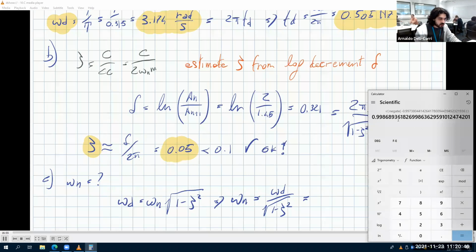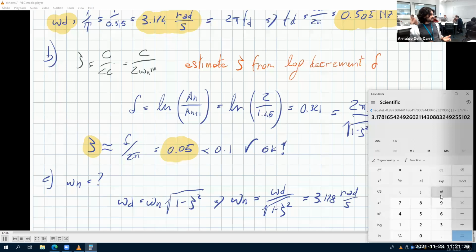So omega d times the inverse of this, so times 3.174, gives me 3.178 radians per second.